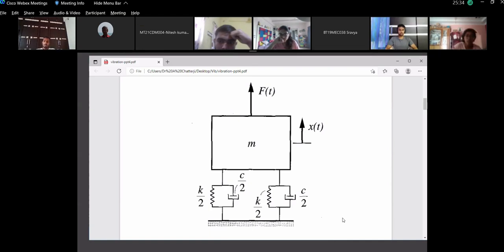I mean, there is nothing wrong if I draw only one spring below it and only one damper below it. Nothing wrong, absolutely nothing wrong. लेकिन ऐसा हमने क्यों किया?